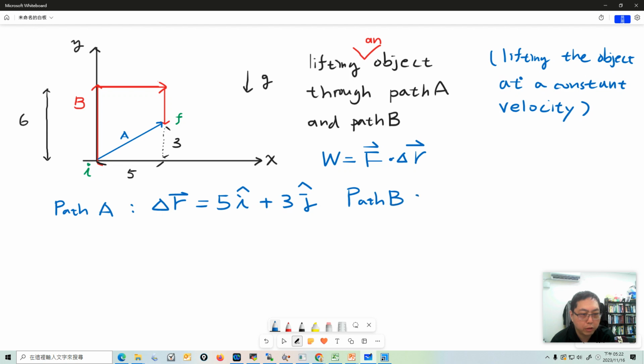Path B is a little more complicated. For path B, delta R is 6 upward, then 5 horizontal, and then 3 downward.